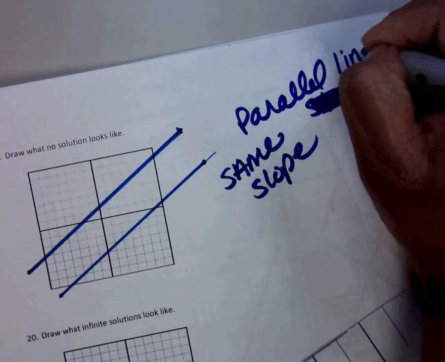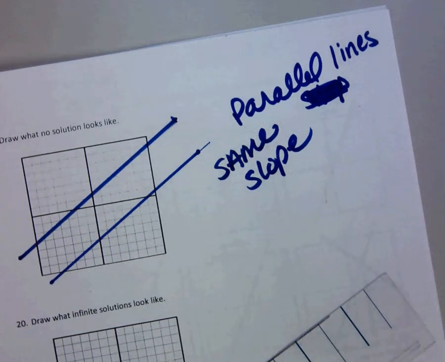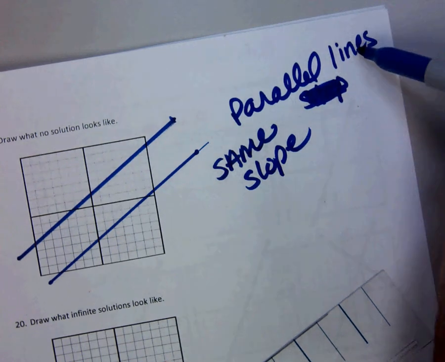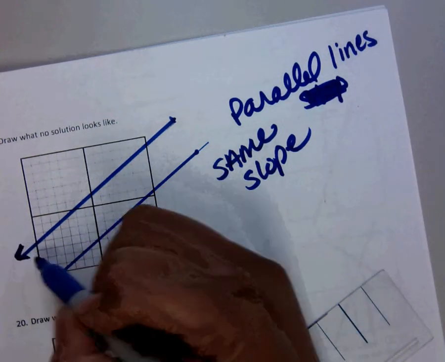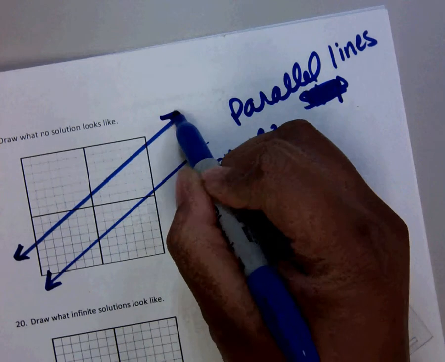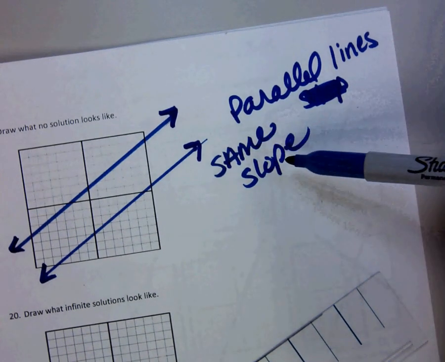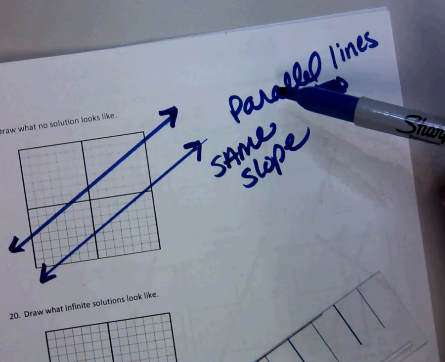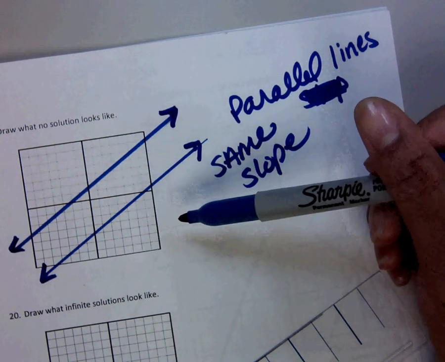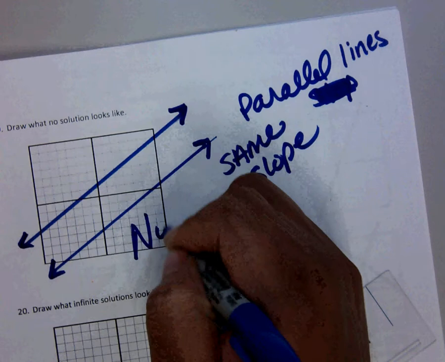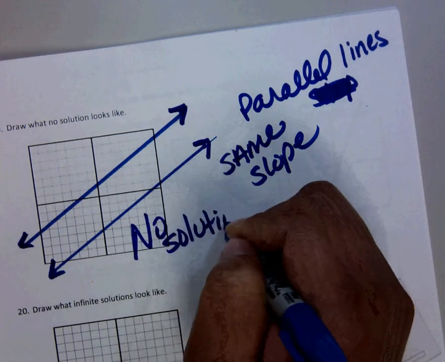I'm rushing. That's what happens when you rush. You mess up even more. What does parallel lines have to do with no solution and the slopes being the same? If you have the same slope, they're parallel. And if they're parallel, they don't cross. If they don't cross, you have no solution.